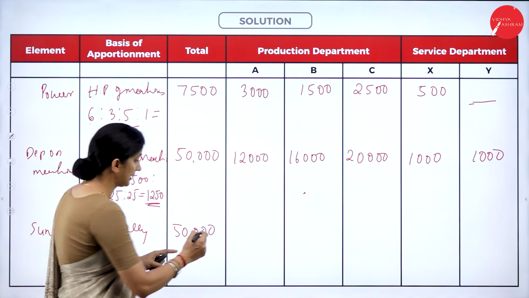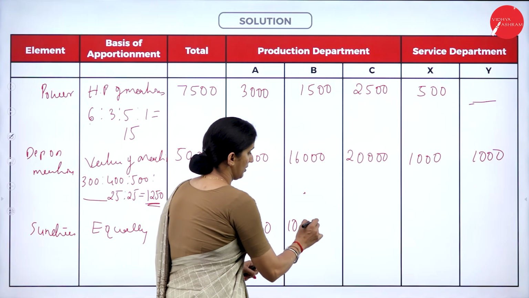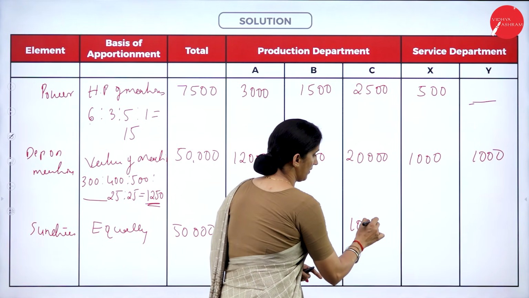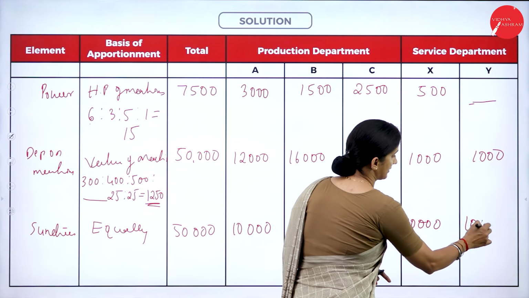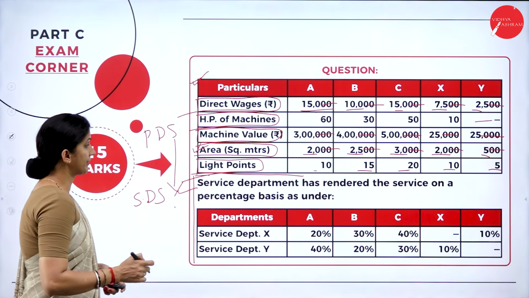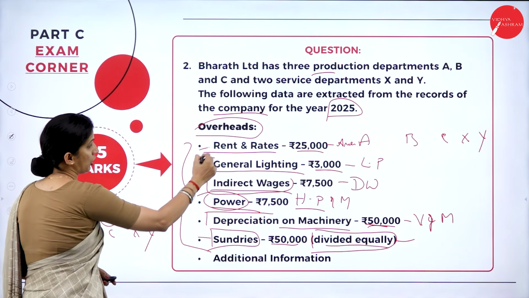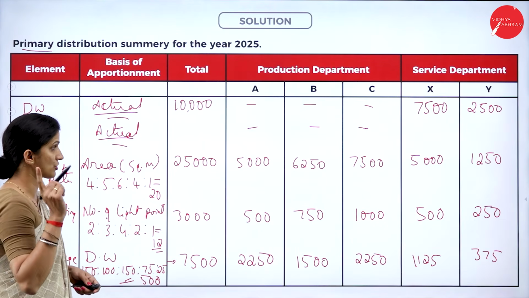So each individual department will be allotted 10,000. So we have 10,000 each for all the departments. Now whatever expenses are given, we have allotted all the expenses. That is in the statement, primary distribution summary.